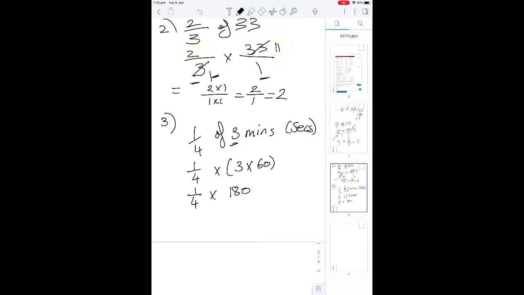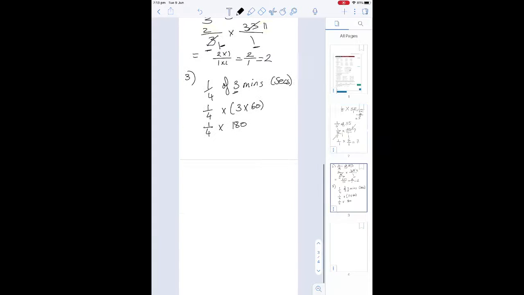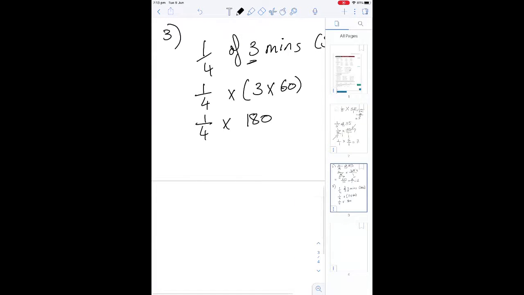If we were using a calculator, I could show you how to do that, but right now we're not. It's a non-calculator question. So how would you do a question like that? Well, that really is saying 180 divided by 4, because you're doing 180 times 1 and 4 times 1.